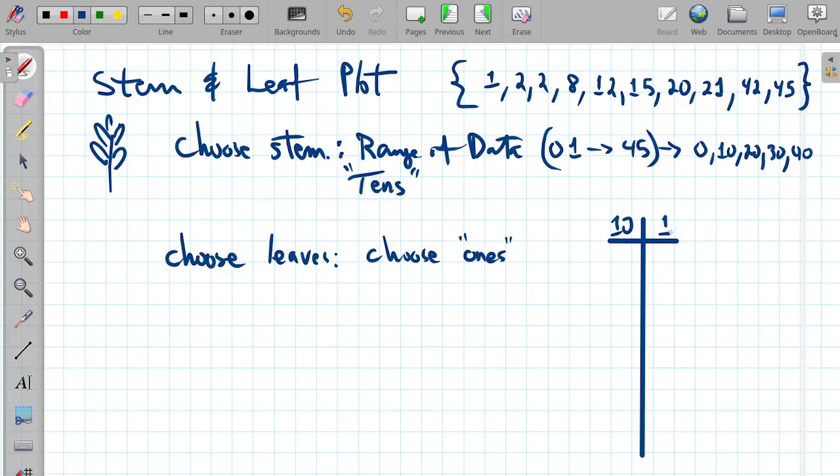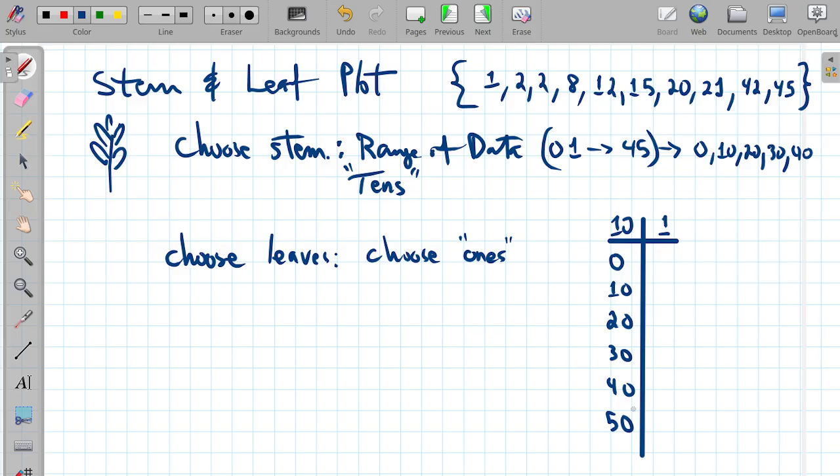It doesn't really matter. I'm going to start from the smallest, zeros. So this will be 0, 10, 20, 30, 40, 50. Now I'm going to use the 50 just to illustrate something.